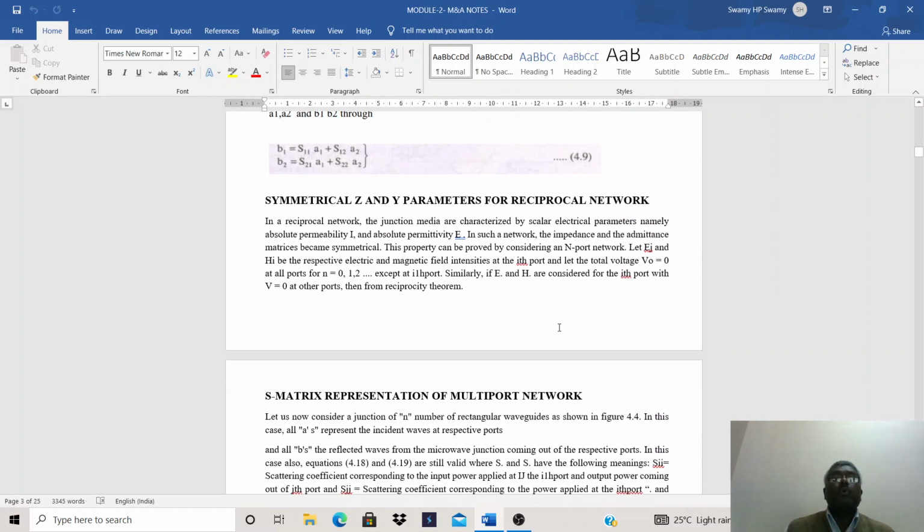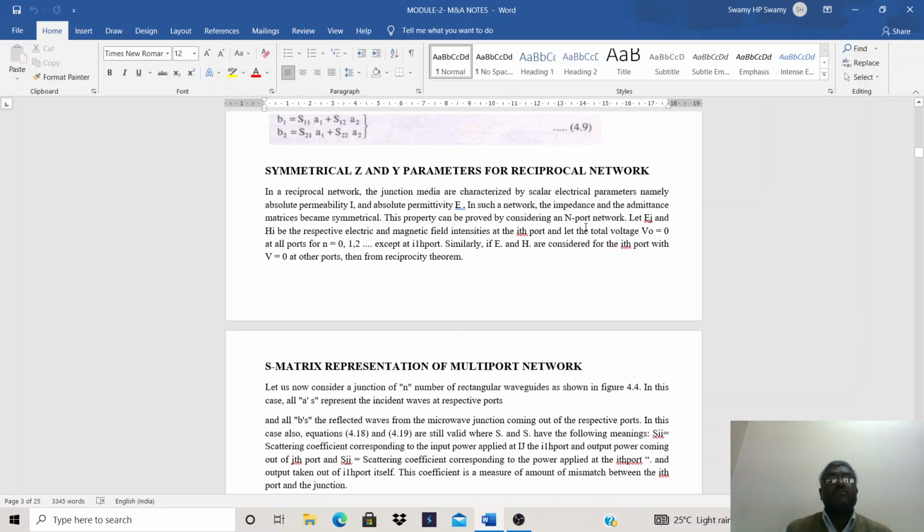Now I will move on to the next topic, symmetrical Z and Y parameters for reciprocal network. In a reciprocal network, the junction media are characterized by scalar electrical parameters, namely absolute permeability and absolute permittivity.